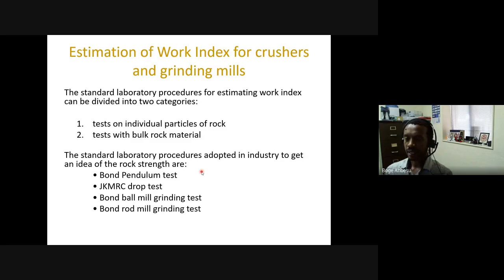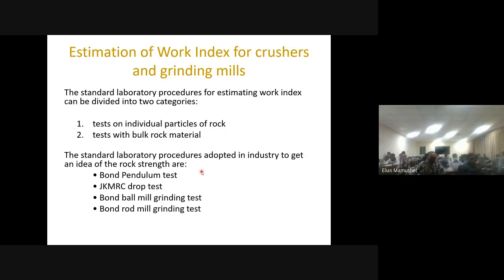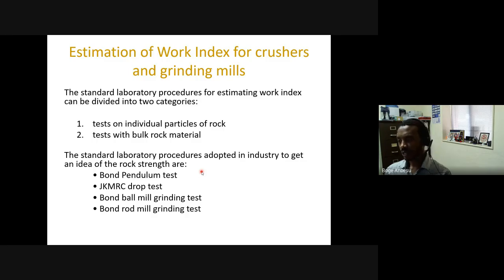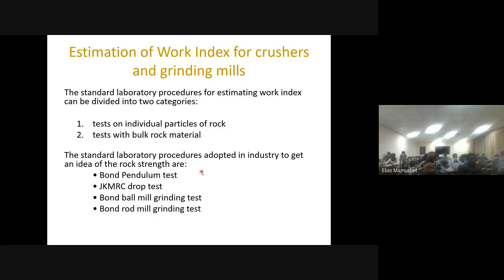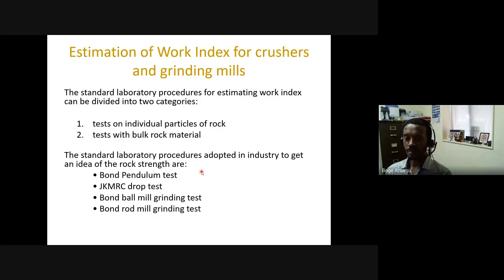But in any case, in the lab, there are methods such as the Bond pendulum crushing test and the JKMRC drop weight test. JKMRC is one of the institutes here in Queensland, in Australia, who developed a method for crushing.